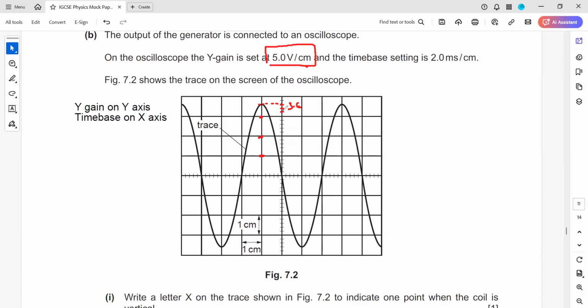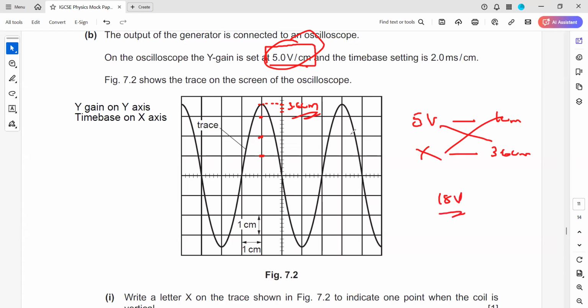Each is 0.2: 3.2, 3.4, 3.6. According to the Y gain, 5 volts equals 1 centimeter. So if we have 3.6 centimeters, how much is the voltage X? Cross multiply: 5 multiplied by 3.6, you will get 18 volts as the answer.